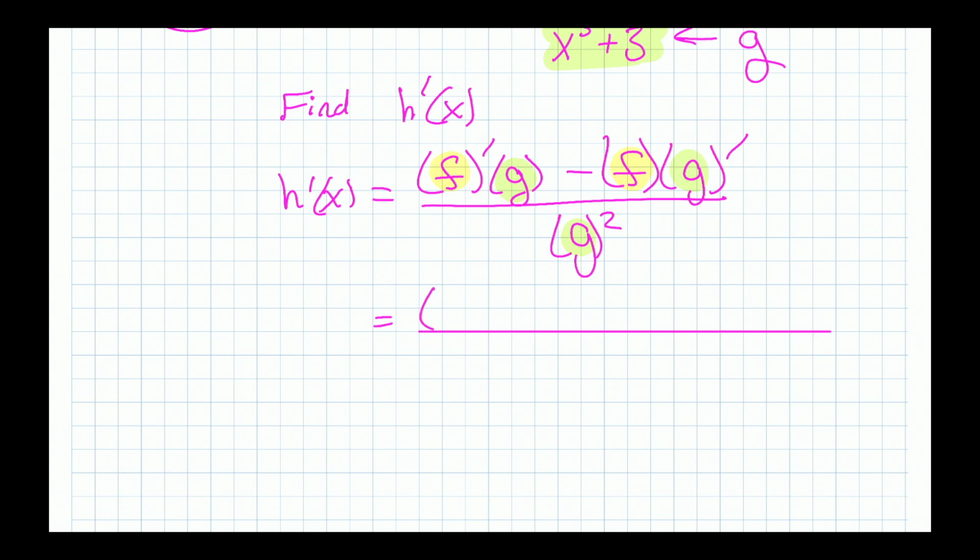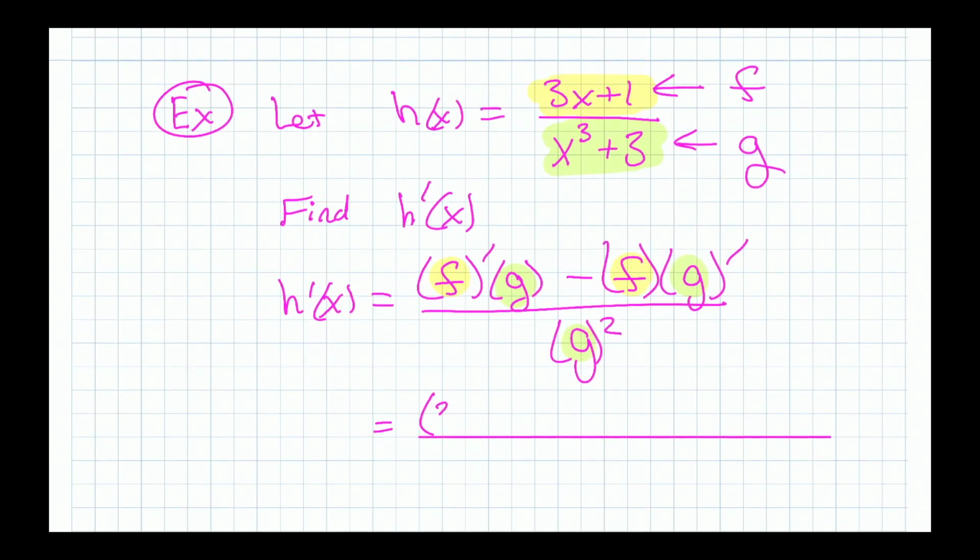So f is 3x plus 1 with a prime. The g is x cubed plus 3. Then minus f again, which is 3x plus 1 again.